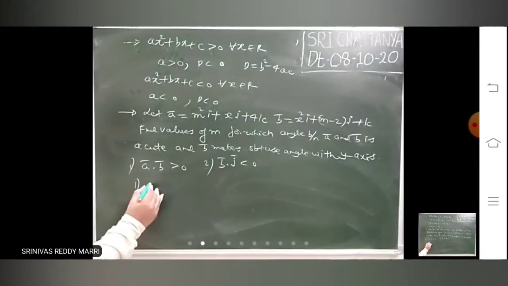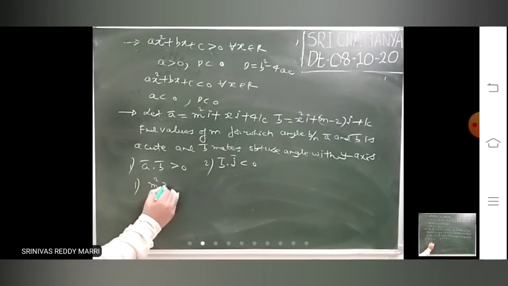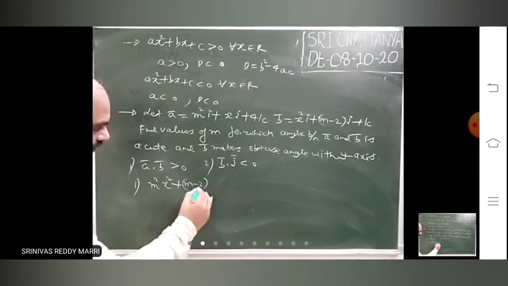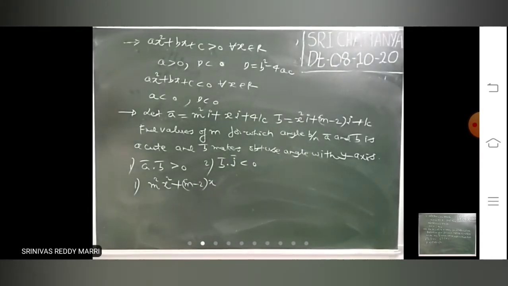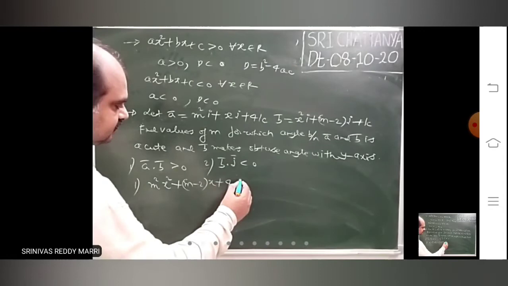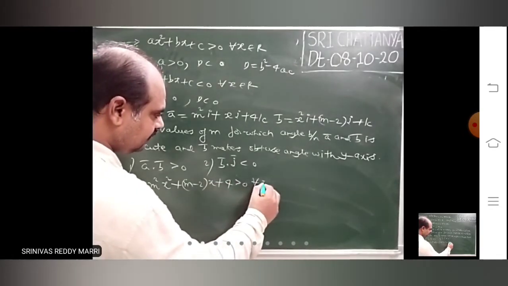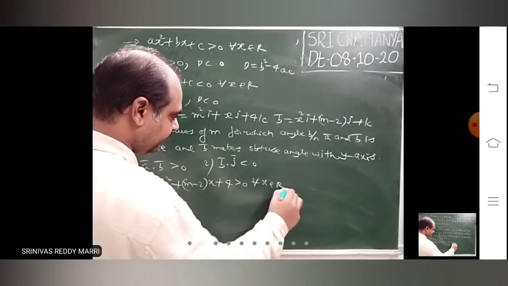Dot product greater than 0 gives the condition m square x square plus (m minus 2) x, and so on. Write the quadratic expression. So this is acute means this is greater than 0 for any real value of x.